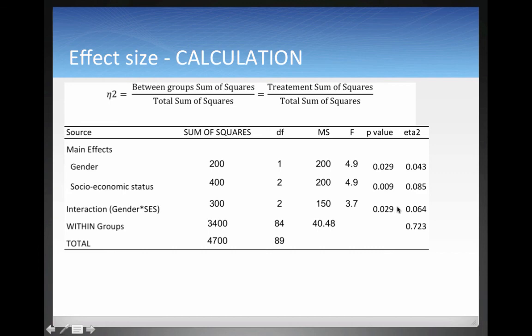They're just the same because of rounding. But now we can see both these effects are statistically significant. However, in effect size, you could see the interaction effect, gender by SES, is a little bit higher than the gender effect. And then socioeconomic status, highly statistically significant, is also the strongest effect size.